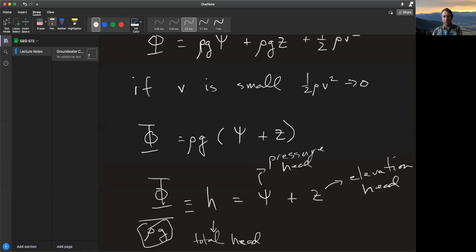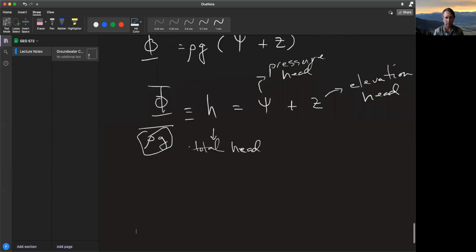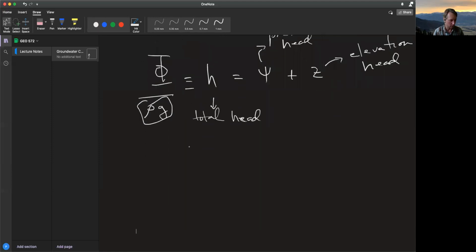Okay, so we've talked about how we measure the volume of water, the mass of water, and the energy of water in our porous media. Now let's talk about how we measure the flux or the flow of water through our porous media.